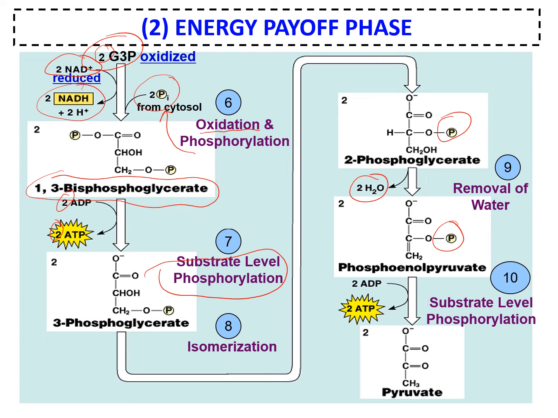This is what we call substrate level phosphorylation. So the phosphoenol pyruvate releases the phosphate group and is converted to pyruvate, which is the end product of glycolysis. So another 2 ATP is produced. To sum up, we will have 4 ATP during the energy payoff phase.